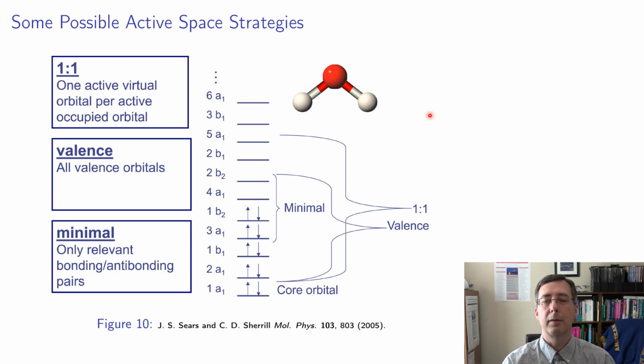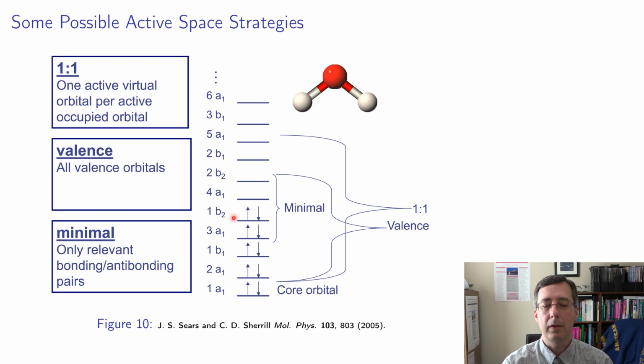And here what I'm going to do is actually rip both hydrogens off of the water molecule, and that involves breaking 2 sigma bonds, and those sigma bonds in the symmetry labels would be an A1 orbital and a B2 orbital. So those are part of my minimal occupied space, and then the virtual space in this case is a virtual A1 and a virtual B2 as well.